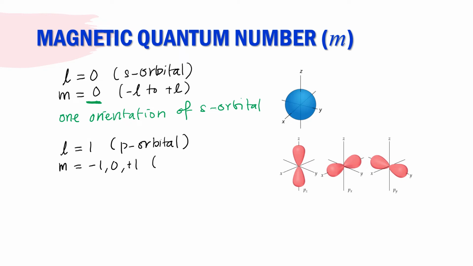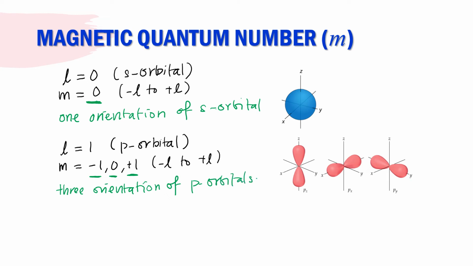So this number we get from the range of negative L to positive L. Since the m value is represented by 3 numbers, it shows there are 3 orientations of the p orbitals. The 3 orientations are called the pz orbital, px orbital, and the py orbital.